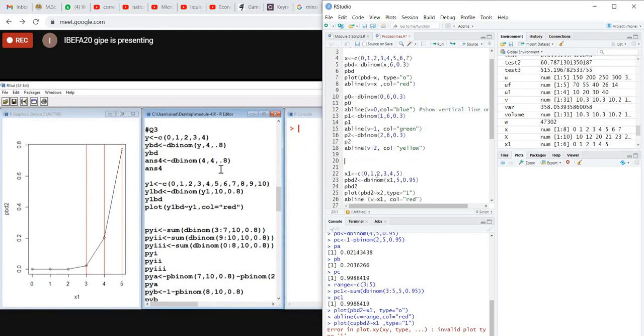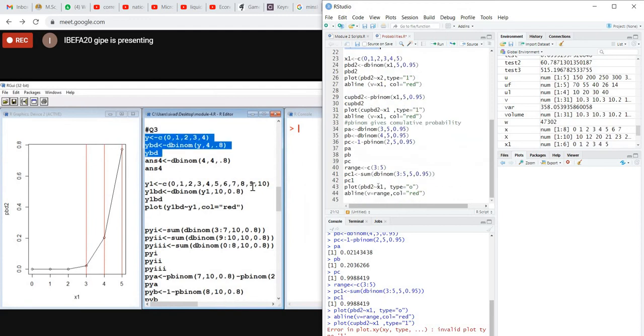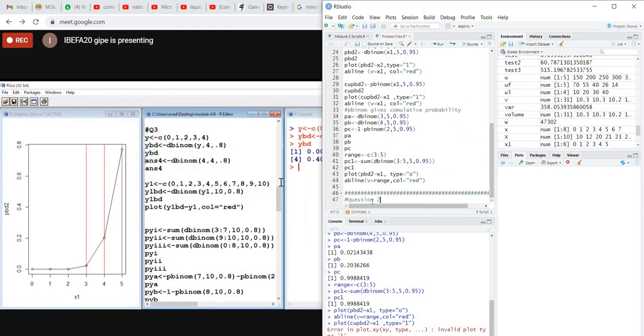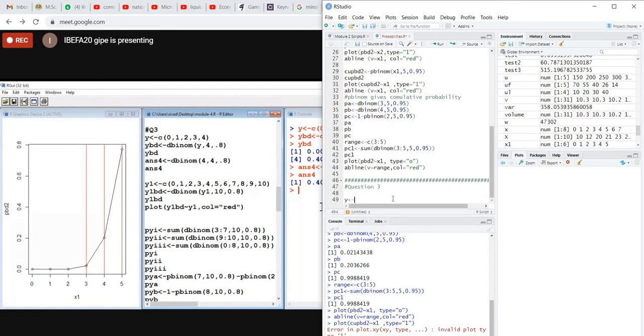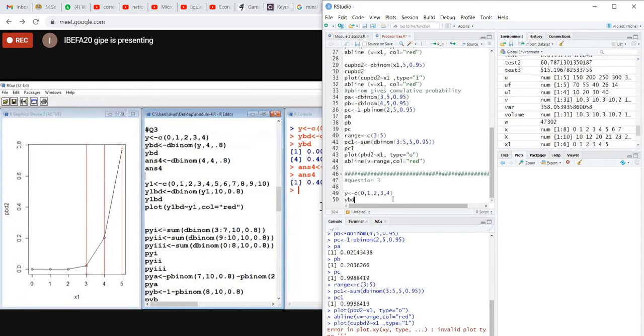Binomial distribution and the probability. Answer for all of them. This is the first part. All of them.